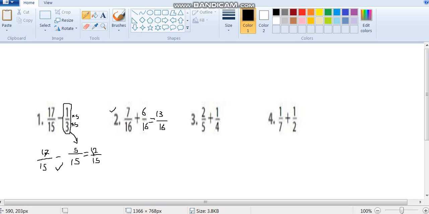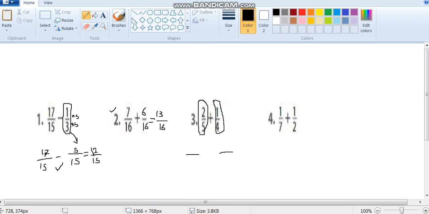But now I have a problem here, number 3. In number 3, the 4 cannot become 5. There's nothing that multiplies 4 to give me 5. So I have to change both of them. I have to change this fraction and I have to change the other fraction. You will change this into something over something and this over something.